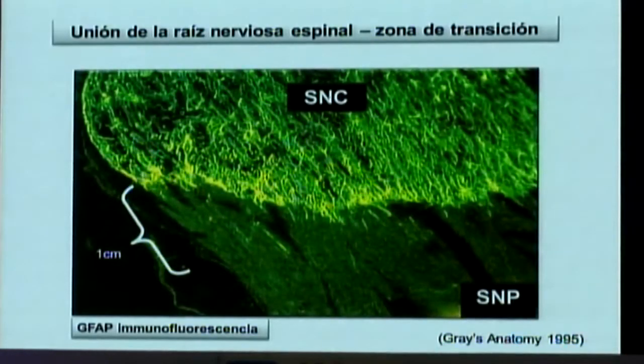And this compression normally occurs in an area of the nerve which is covered by oligodendrocytes. So strictly, anatomically speaking, the border between the peripheral and the central nervous system is this transition zone between oligodendrocytes here and Schwann cells.